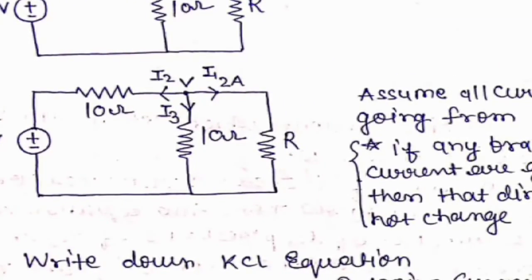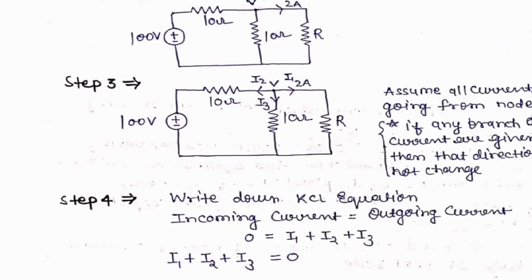We select this node, and if you stand at this node, then all currents should be going away from your side. This is how we select the direction of current. So step number 3 is basically how to select the direction of current.